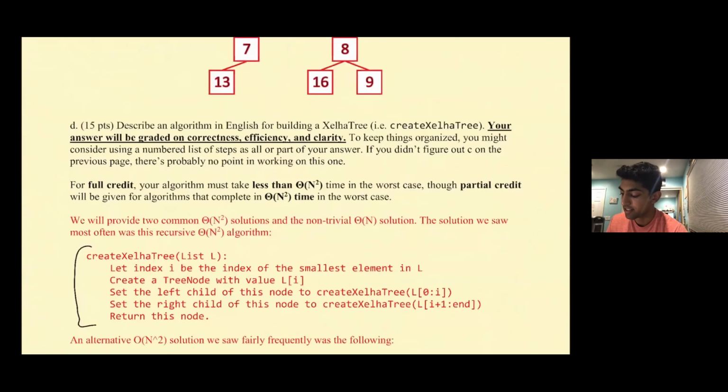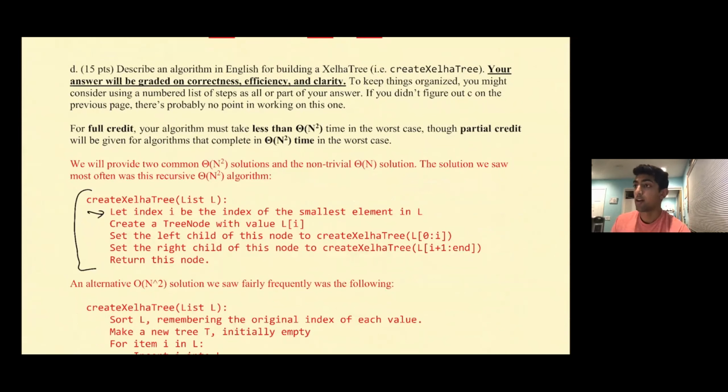We say smallest element, you are the root. To figure out the subtrees on the left and the right, we can just use recursion. Then if we use a pre-order traversal on the tree we created, it will give us the list back. Does that make sense?